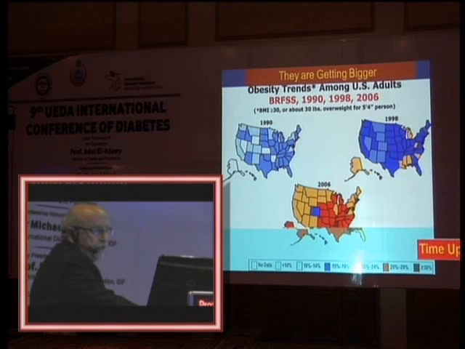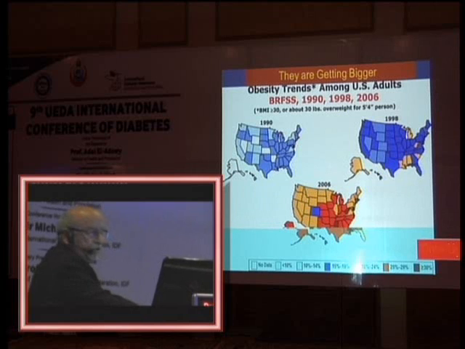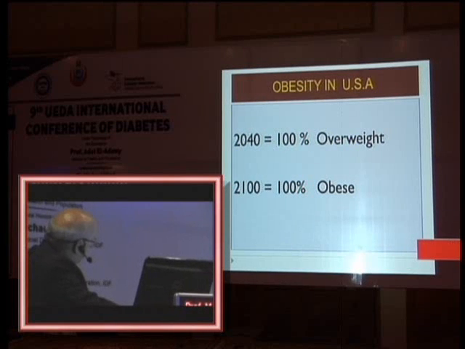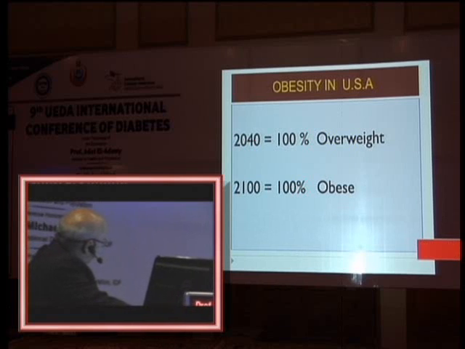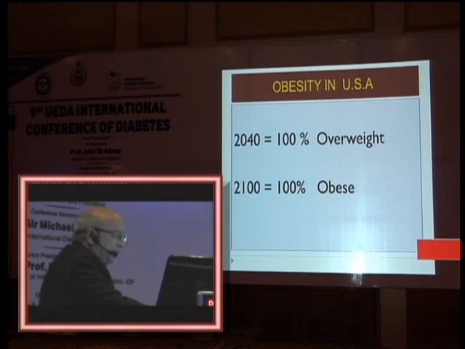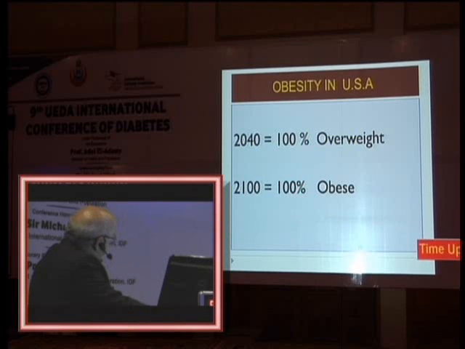And in the States, it's on the rise from 1990 to 1998 and to 2006. And it's projected that by the year 2040, 100% of Americans will be overweight, and by the year 2100, 100% of Americans will be obese if this trend is not checked.